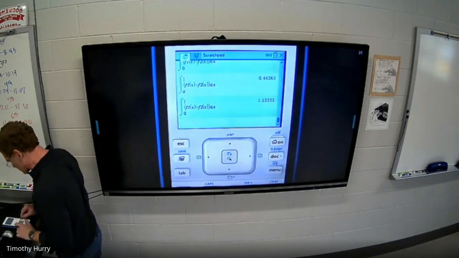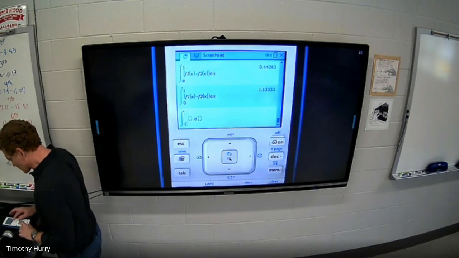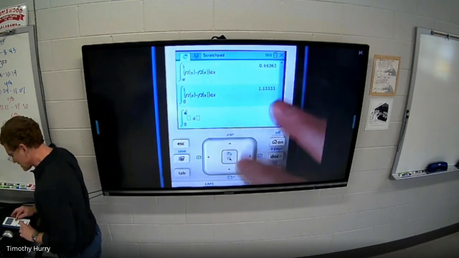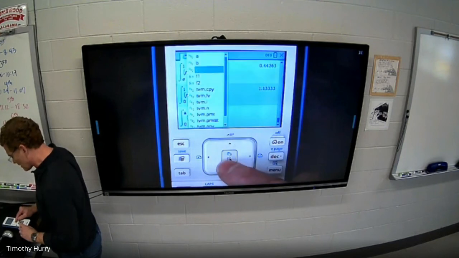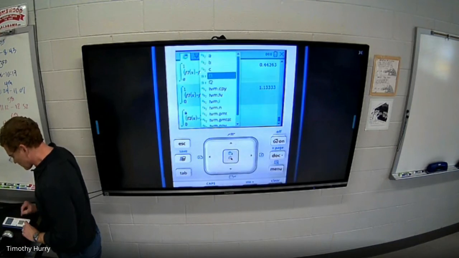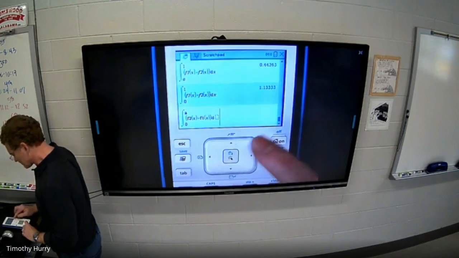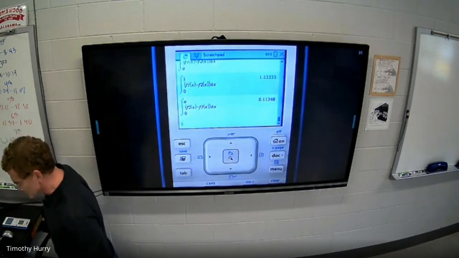So for my first one, I'd be going integral from 0 to A, but I would be doing the second function, so var f2 minus var f1, and fill in the x's for all 3 spots. Bam. And I think that's right.